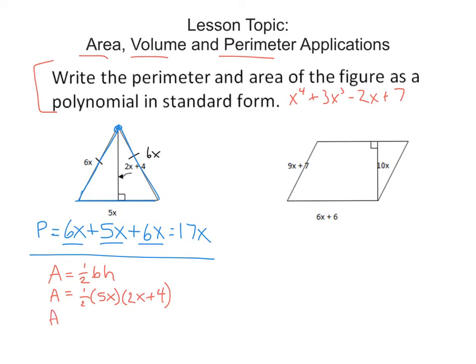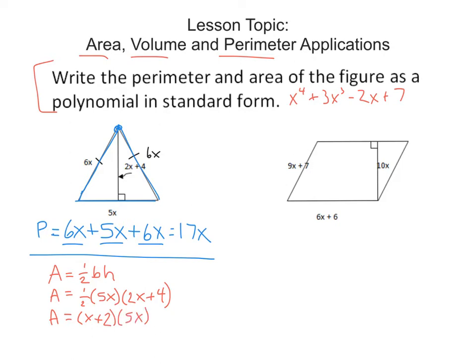So area equals, I'm going to take 1/2 and multiply this 1/2 right here by all of this. So 1/2 times 2x is an x, half of 2 is 1, and then half of 4 is 2, so plus 2, and then I still have 5x.